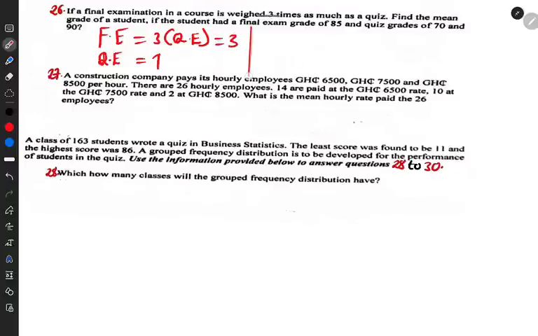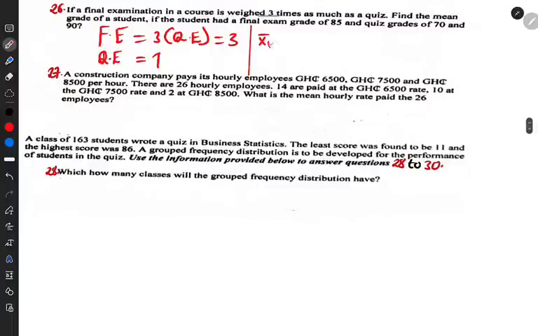To find the mean grade, it is the summation of the weight multiplying the x value, which is the grade, divided by the sum of the weights. So we have 3 for the final examination multiplying 85, plus 1 by the quiz grade of 70, plus another 1 by 90, all divided by 3 plus 1 plus 1, which is a total weight of 5.